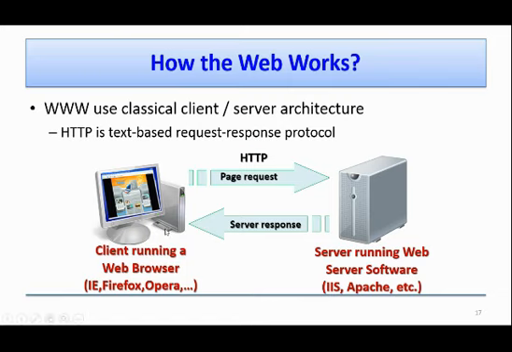When you request a web page, we have to use a web browser. Once you request a web page, the server must have a web server, which is another piece of software. That web server responds to the client request, that means it provides the web pages.